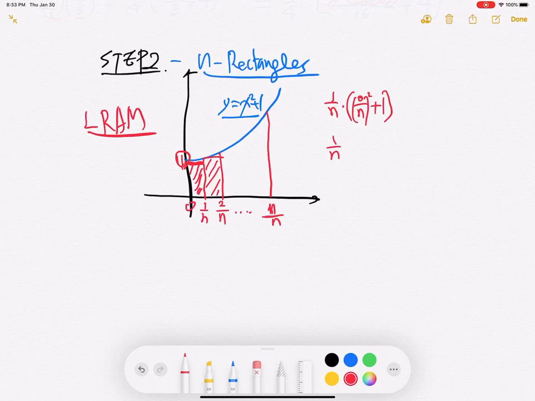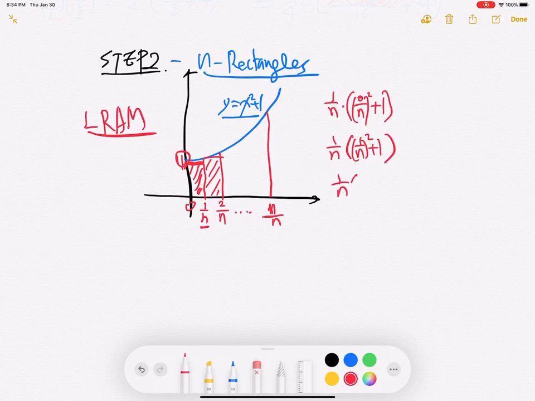And then what is height? Height is the y value when x equals 1 over n. When you made 4 rectangles, the second rectangle's height was at x equals 1 over 4, and we found the y value. In this case, 1 over n, to find the y value. So 1 over n squared plus 1.